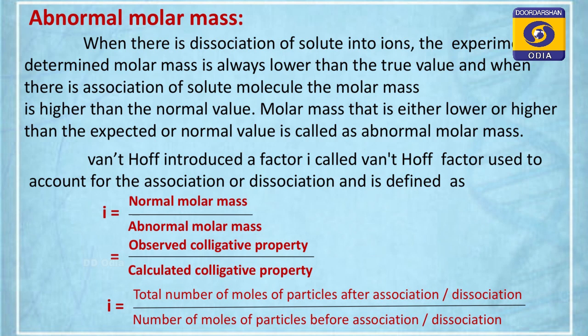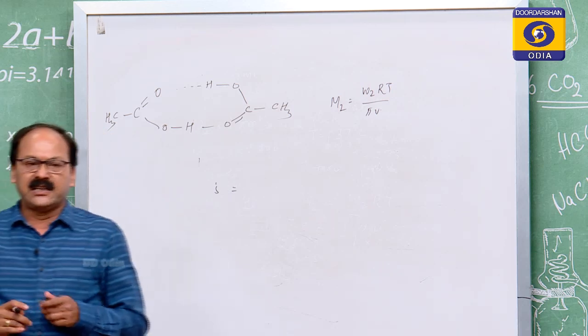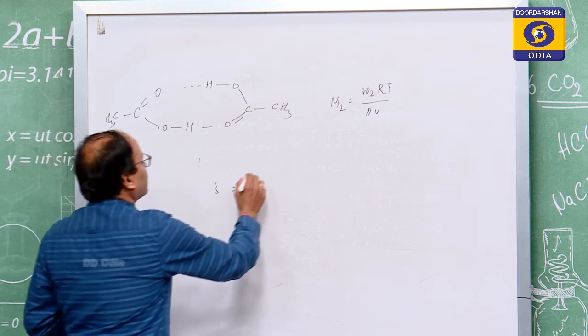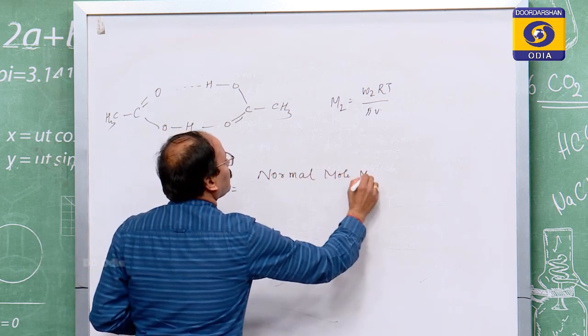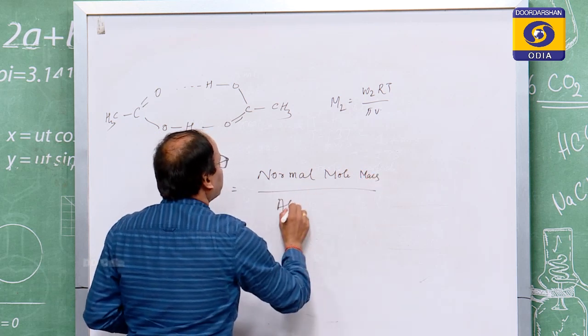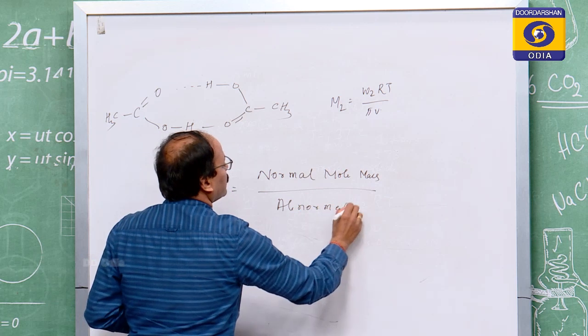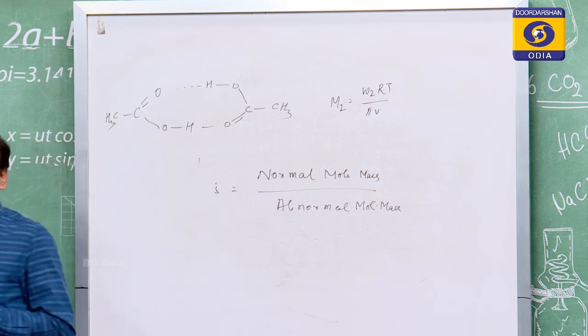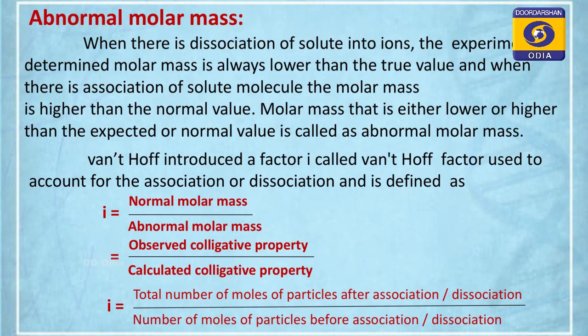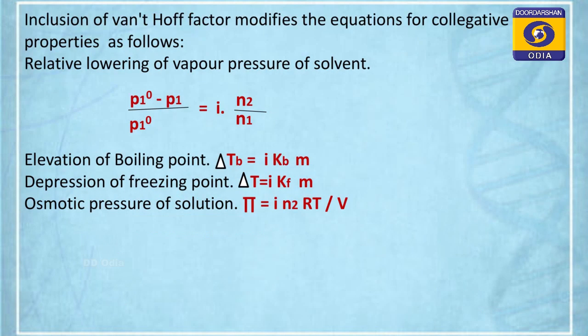Van 't Hoff factor is equal to normal molecular mass divided by abnormal molecular mass, or that will be equal to observed colligative property divided by calculated colligative property, or total number of particles after association or dissociation divided by number of particles before association or dissociation.